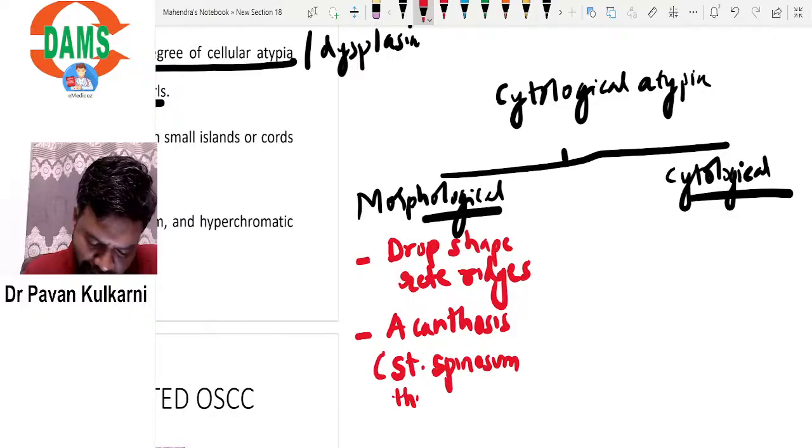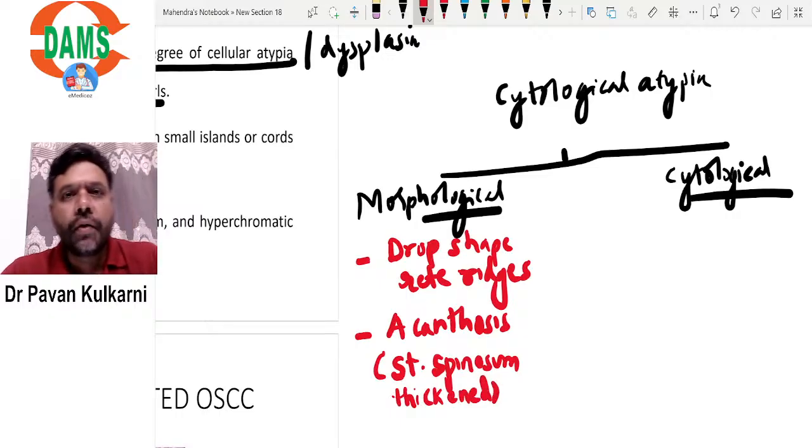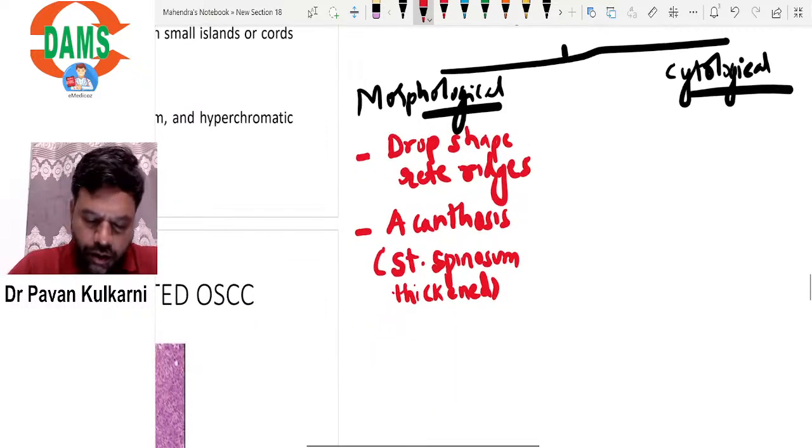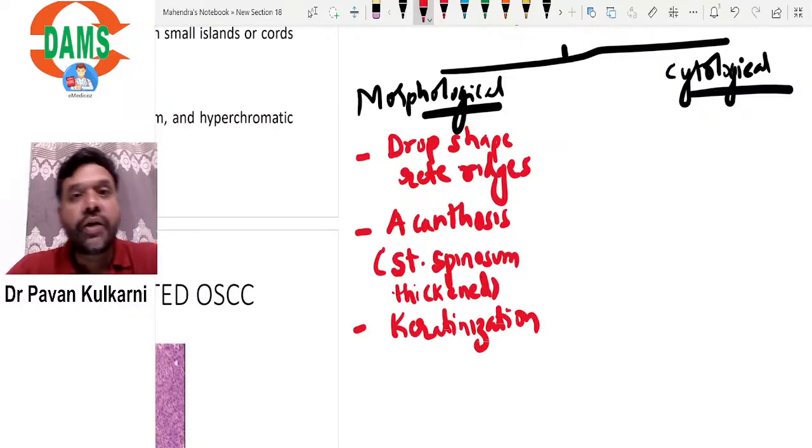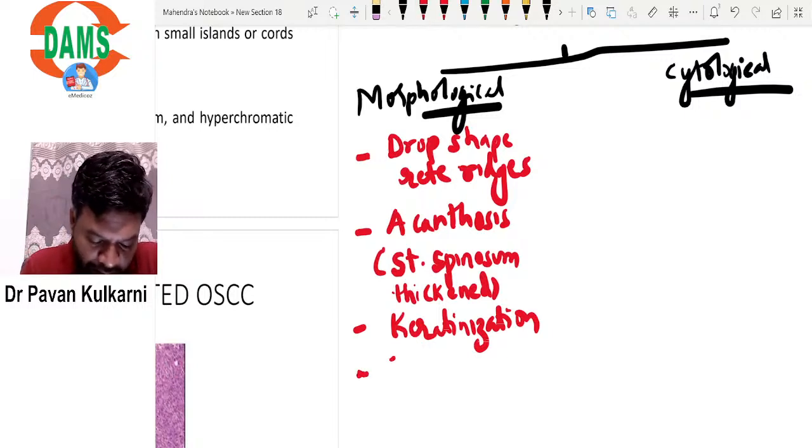Then you call this acanthosis. Then next, keratinization is a morphological feature, like keratin pearls you can see in dysplasia. Okay, that is again a morphological feature of dysplasia. Okay, then irregular stratification.